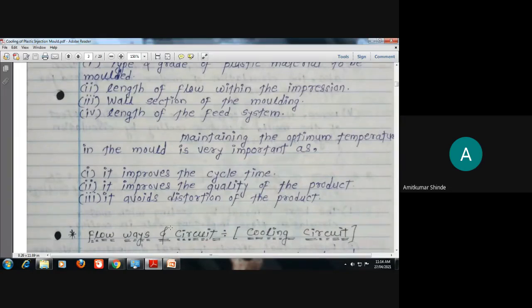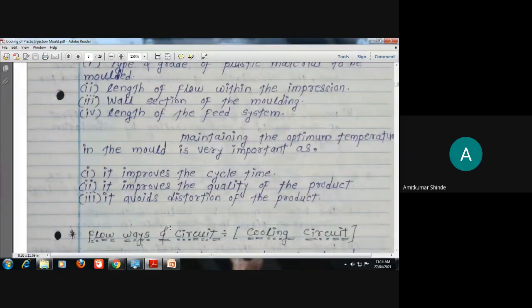And then second important factor here, that if you are able to control this mold temperature or if you are able to maintain the optimum mold temperature, then it improves the quality of the product.